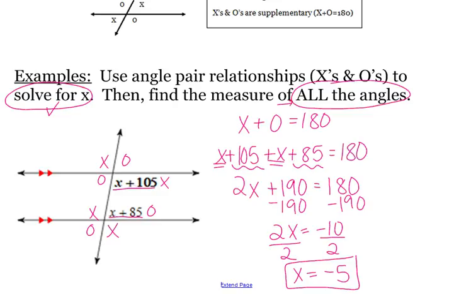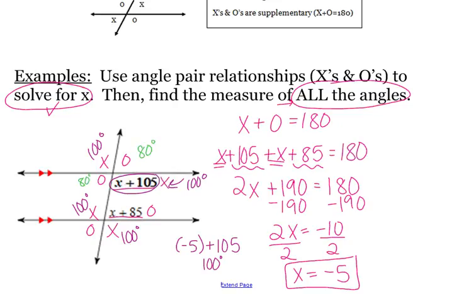So if I plug my x value of negative 5 back into here, negative 5 plus 105 gives us 100 degrees. So all of my x's are 100 degrees. That means all of the o's need to be 80 degrees. Because x plus o equals 180.